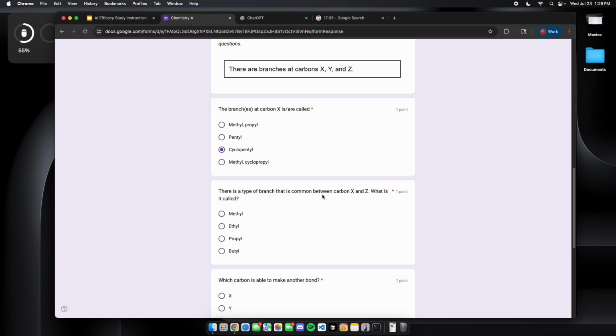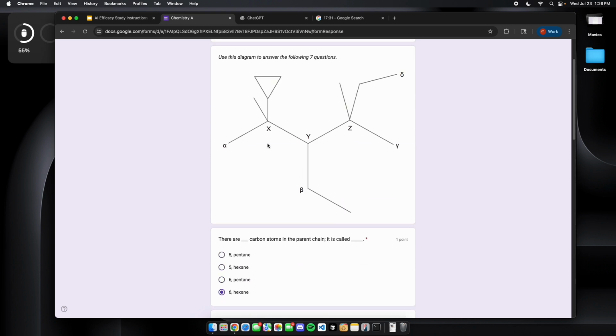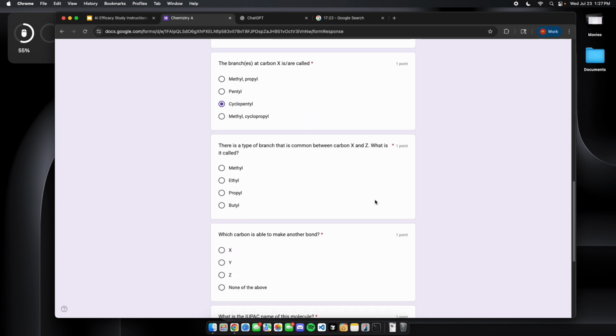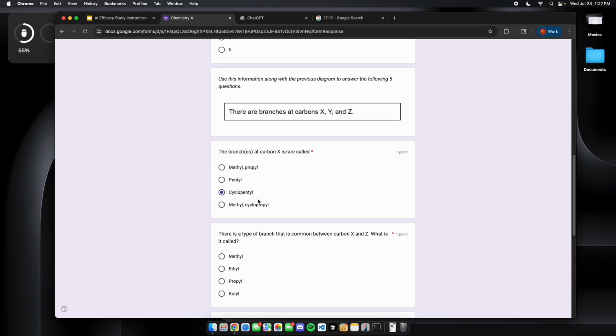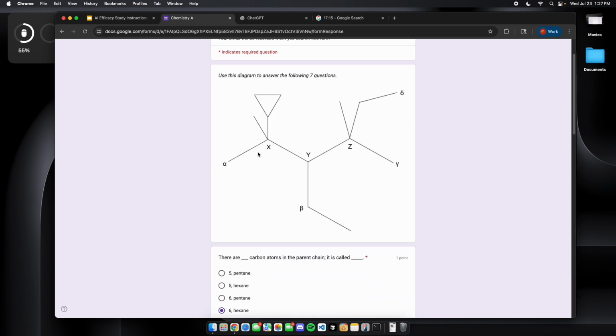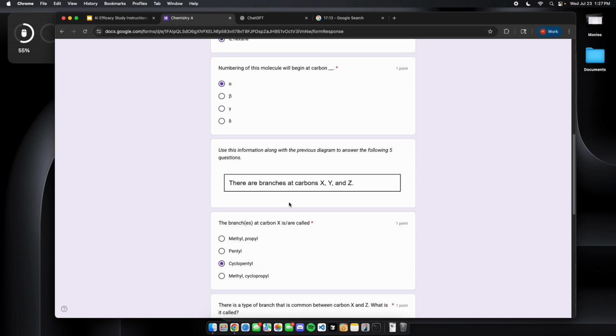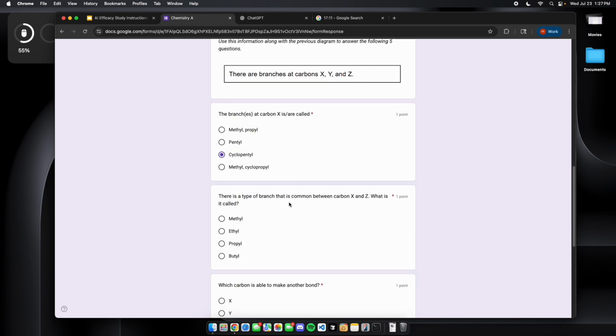There is a type of branch that is common between carbon X and Z. What is it called? Okay, carbon X and Z. Nothing looks very familiar to me. I would think that X only has one option, so, hmm.